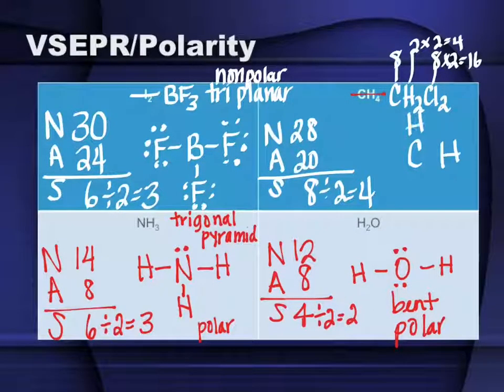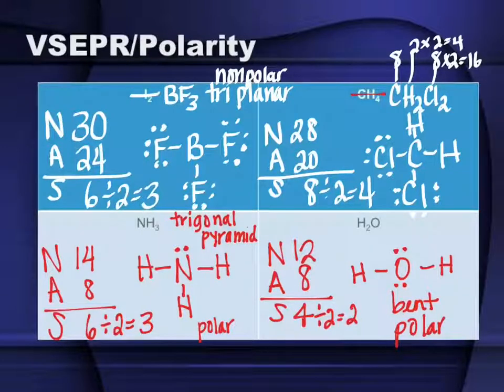Then I put everybody around it. I put in my bonds, 2, 4, 6, 8. Finish out the octets around chlorine: 8, 9, 10, up to 20. Hydrogen's happy with his 2. Carbon's happy with his 8.